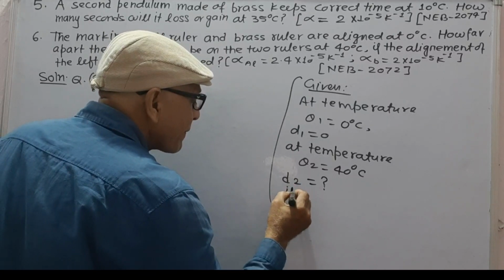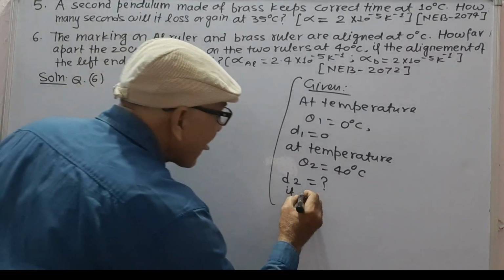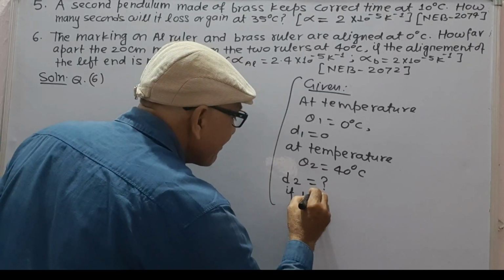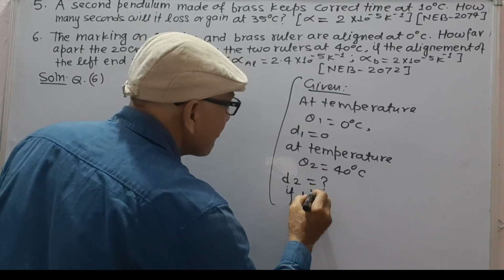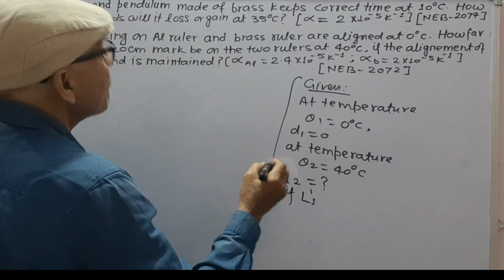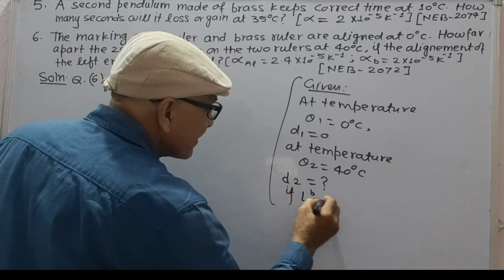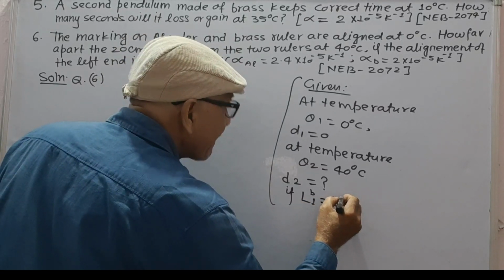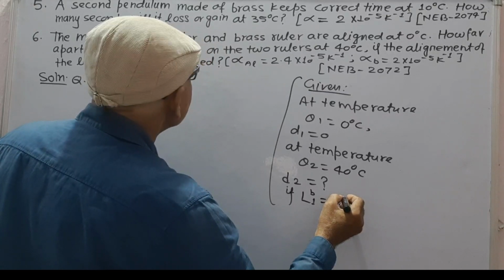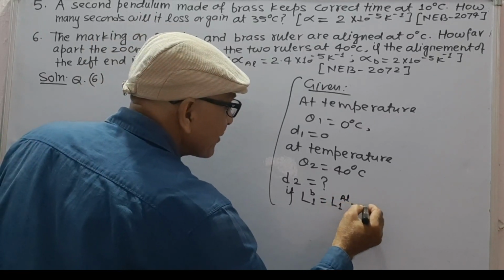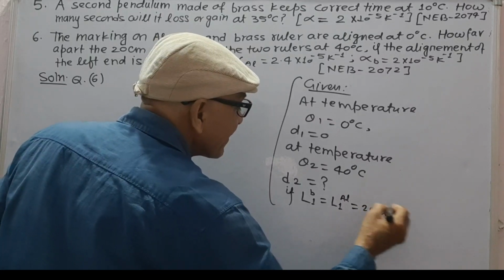If L1 brass is equal to L1 aluminum is equal to 20 cm.